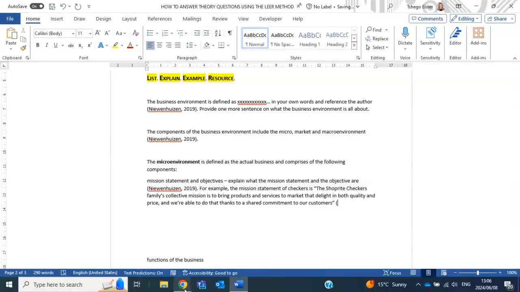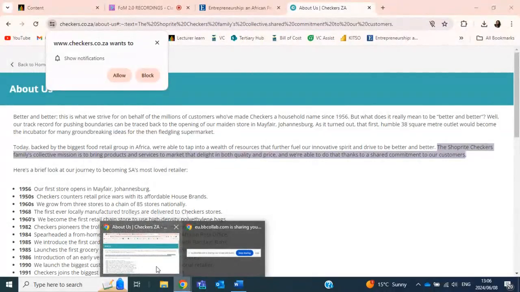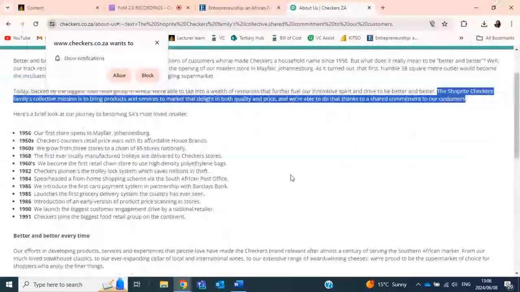And remember we got this from checkers.co.za, so you will just say Checkers because that's how you would reference it. Please make sure that you know how to reference different sources. Checkers, and there is no year provided.